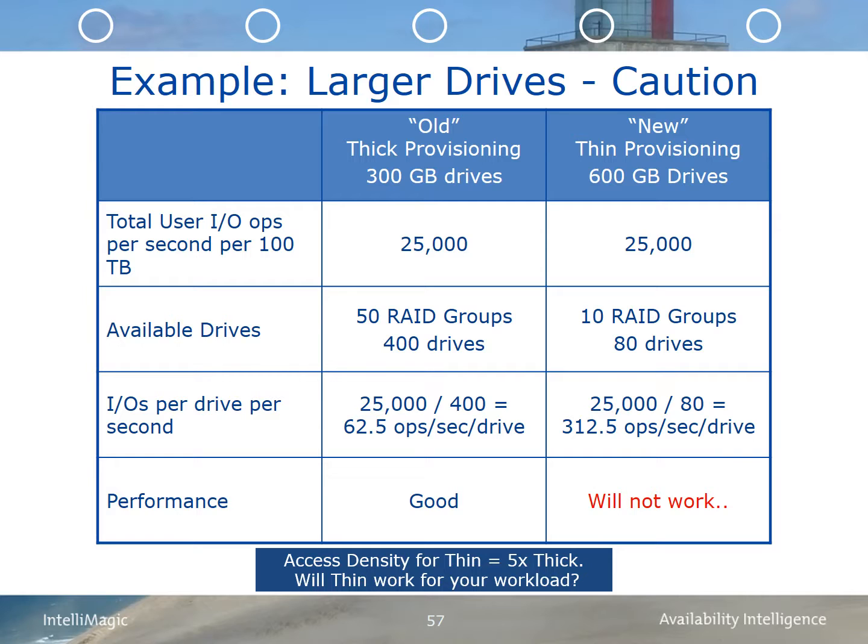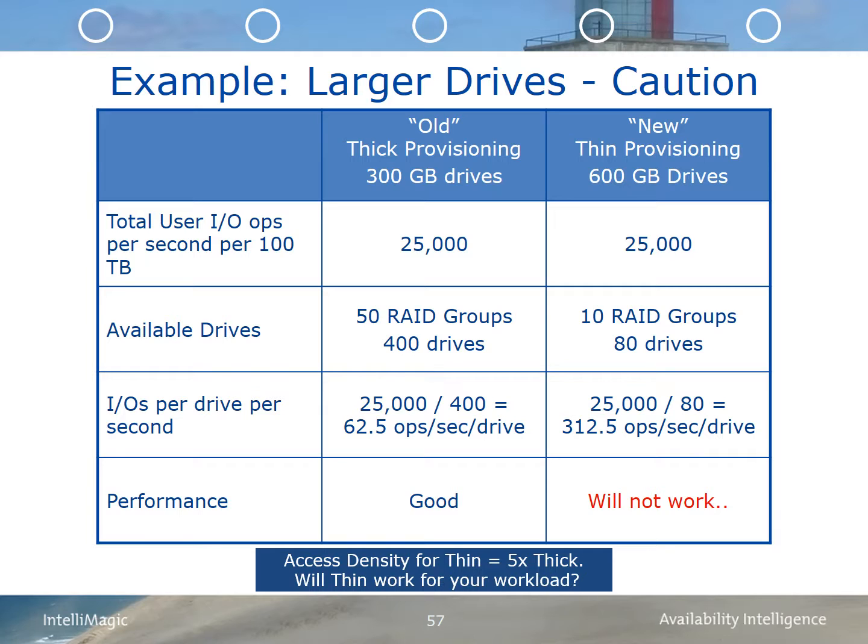There might be a few less drives because of RAID parity and whatnot, but overall, anything around 60, 70, 80 IOPS per drive is going to be just fine in terms of performance. Now let's look at the new way of doing things. If we're doing thin provision and we still do 25,000 IOPS, we're going to be doing that across 10 RAID groups and 80 drives. That works out to be about 312.5 IOPS per drive. That's just not going to work.